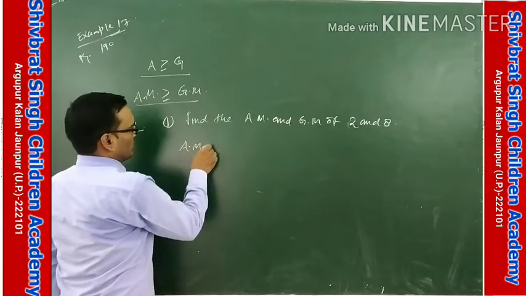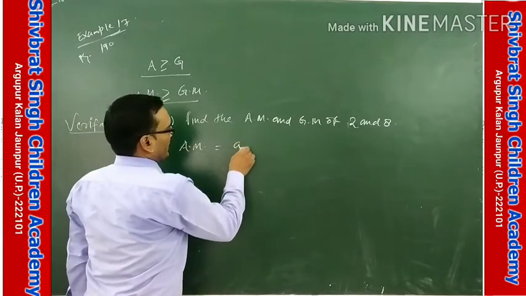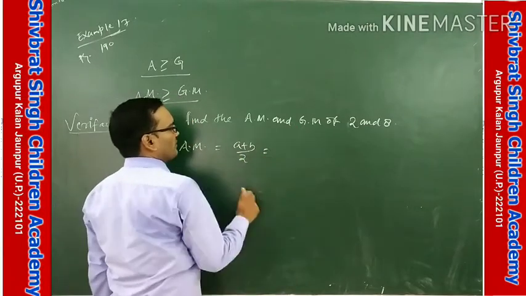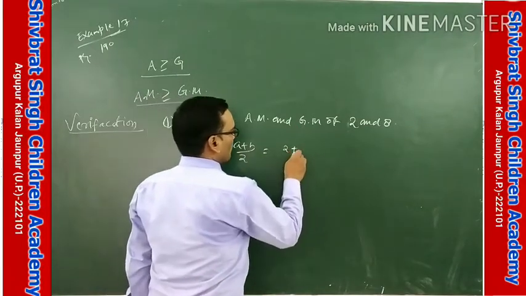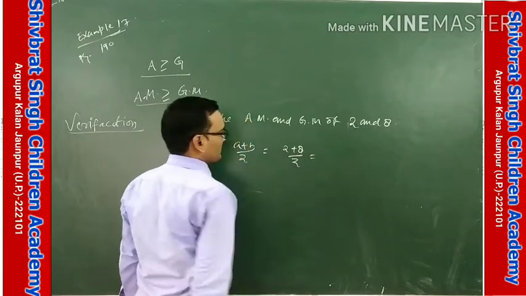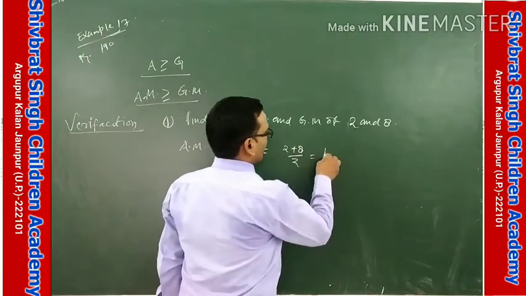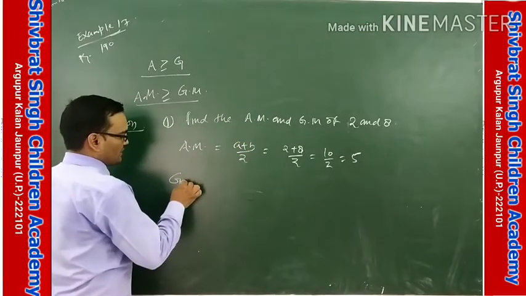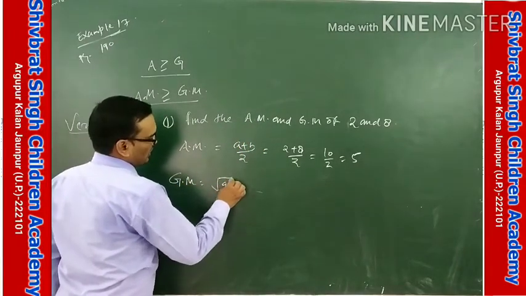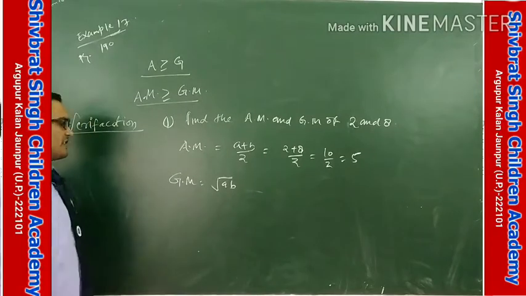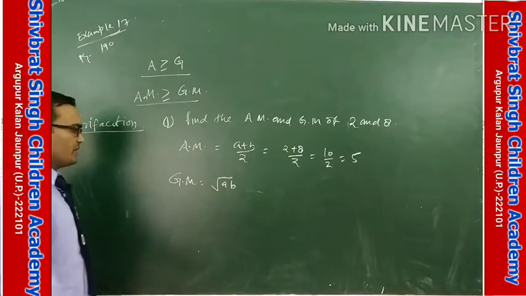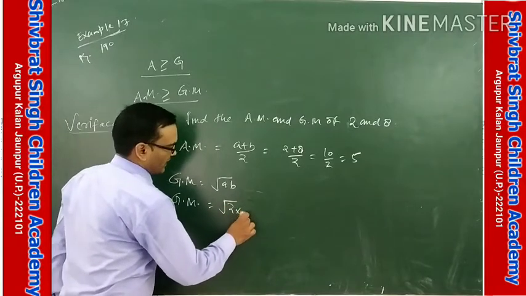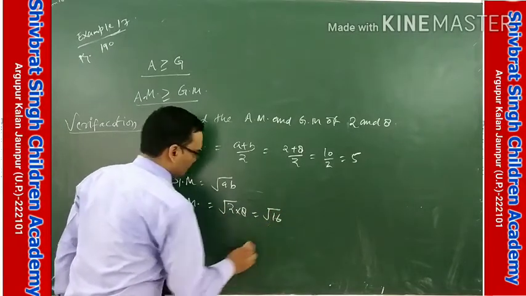AM is equal to (a plus b) by 2, where the value of a equals 2 and the value of b equals 8. So (2 plus 8) by 2 gives 10 by 2, which is 5. And the value of GM equals square root ab, so GM equals square root of 2 multiplied by 8, which is square root 16.